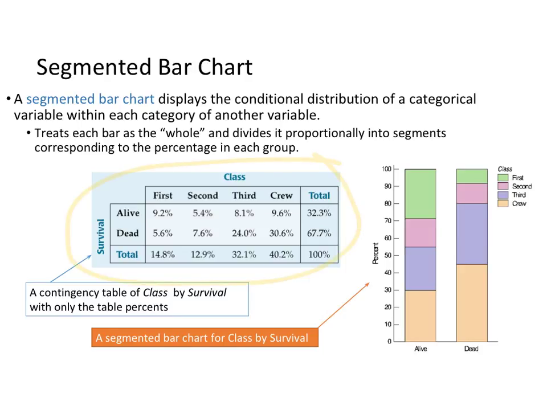Our segmented bar chart is shown off to the right. So notice we have our survival category, alive or dead, and then the colors of the bar represent first, second, third, and crew. And we'll get into more depth with segmented bar charts when we do probabilities.